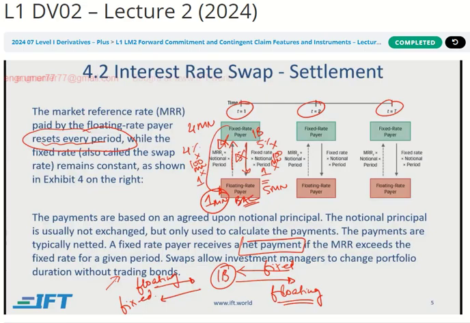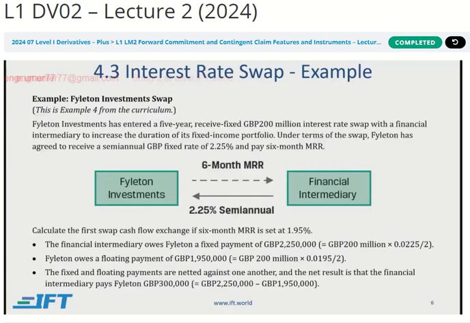And let me give you a practical example here. So let's say there's a company, Filton Investments, and Filton Investments would like to pay a floating rate. So this MRR is the market reference rate, and this is floating, and they want to pay this floating rate and they would like to receive a fixed rate because they want to pay their depositors a fixed rate, right?